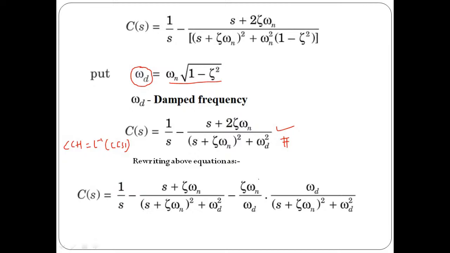Please note this down, take your pen and paper. You will get this equation.